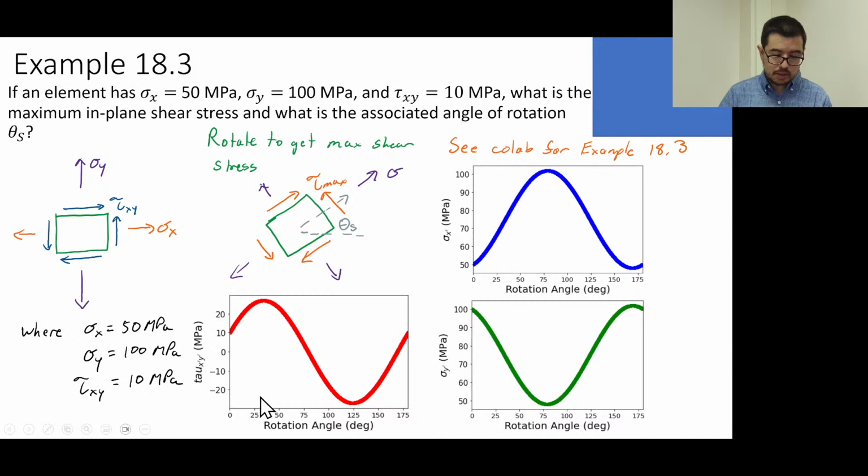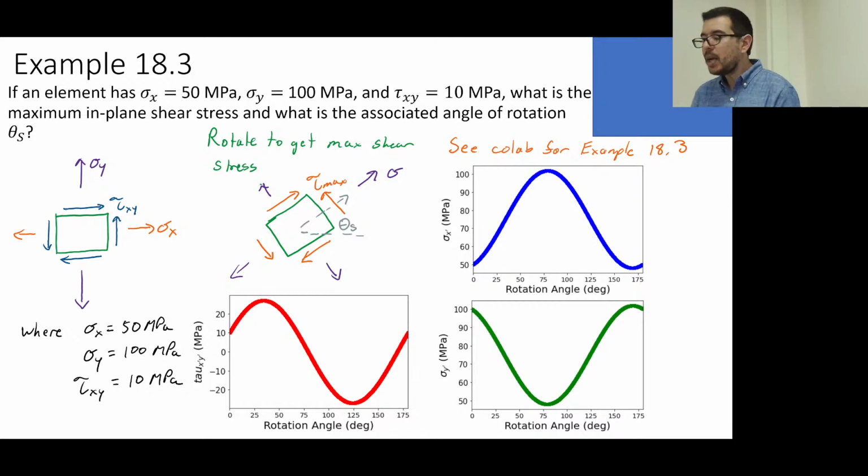Maximum shear stresses maybe like at 30 or so, and at like 120 or so, right down there, or maybe a little less, 124, so maybe like 34, something like that.